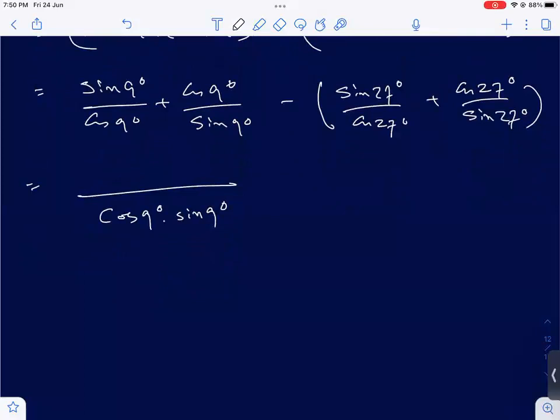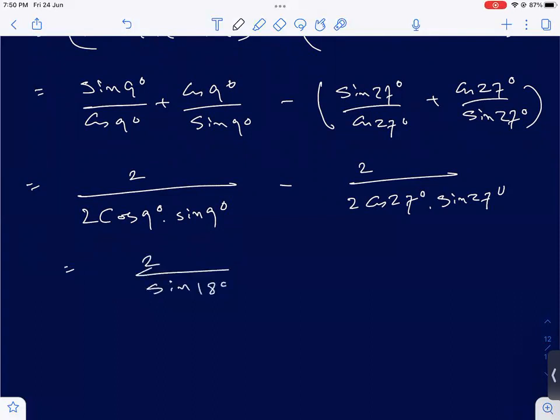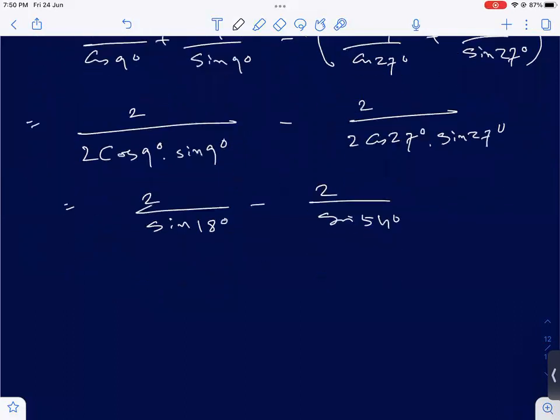If I multiply 2 in the numerator and denominator, 2 sin theta cos theta is sin 2 theta. So this is 2 by sin 18 minus 2 by sin 54 degree.